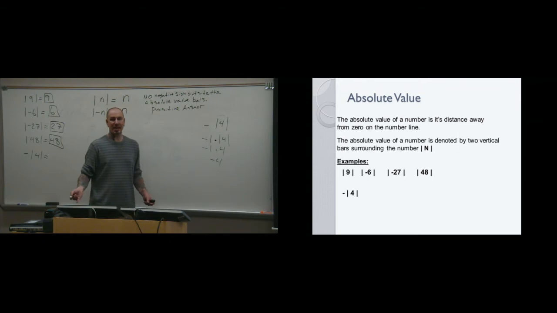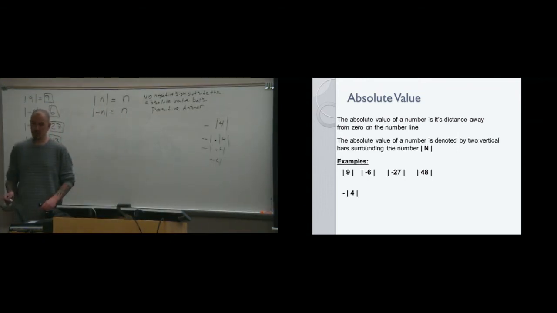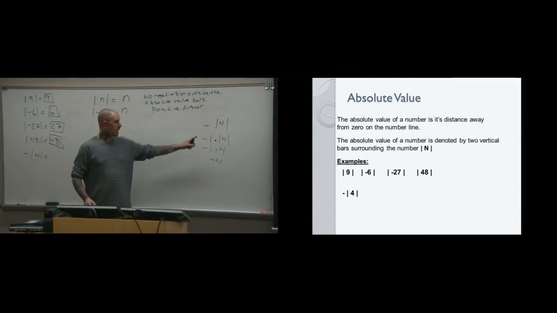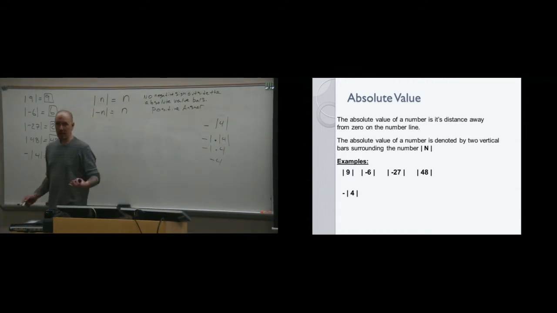Remember, if they're different signs, we get a negative answer when we multiply. So when we have the negative absolute value, when the negative sign is on the outside, we're actually going to get a negative answer. So the negative absolute value of 4 means what is the opposite of the absolute value of 4? Well, the absolute value of 4 is 4.